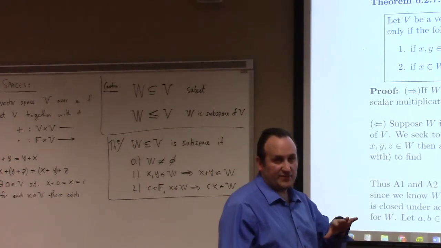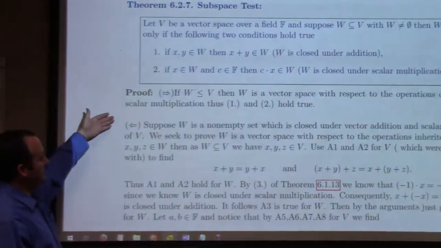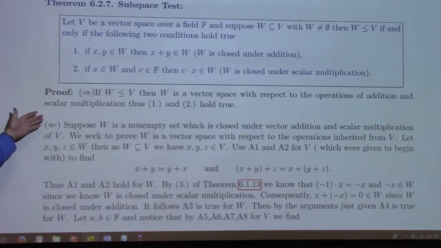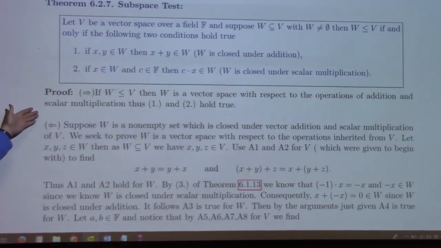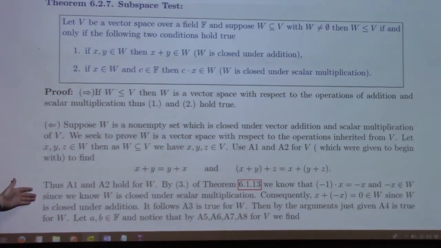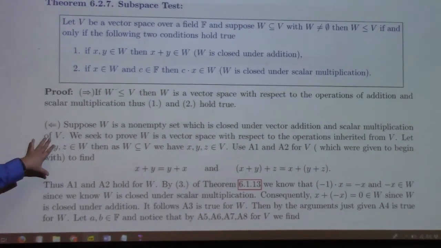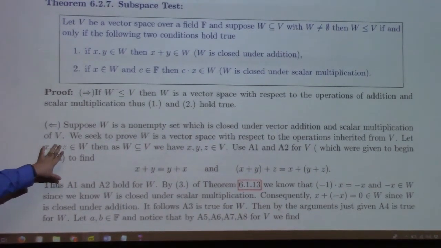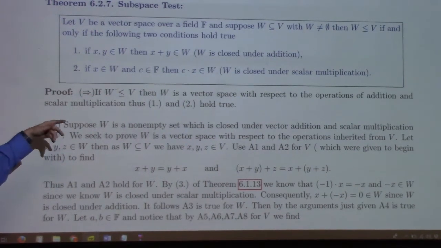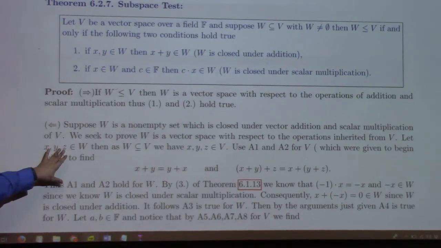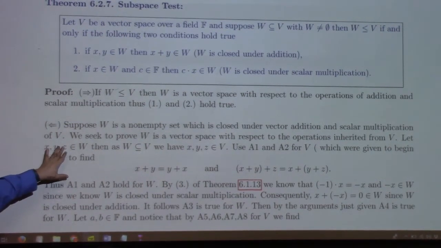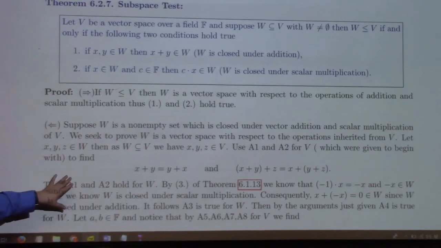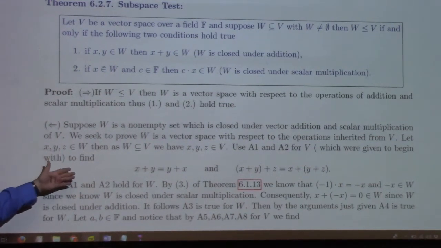The main reason I have this open is just for you to glance at this. To prove this theorem, it really is nothing more than running through the axioms for a subset and showing that if you're working in the context where it's the restriction of the operation and you have closure of addition and closure of scalar multiplication, that's really all you need, because the commutativity, the associativity, the way that one multiplies, all of those other details transfer through automatically in the context of the subspace theorem.